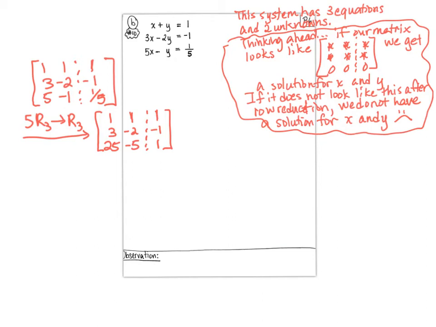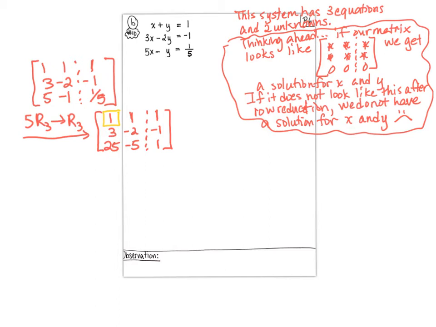Now, we can create zeros here and here. So I'm going to box this 1 because we're going to use that 1 as our guide to create zeros here and here. So, row 1, this 1 is going to be called our pivot, meaning we're going to use it to get zeros here.